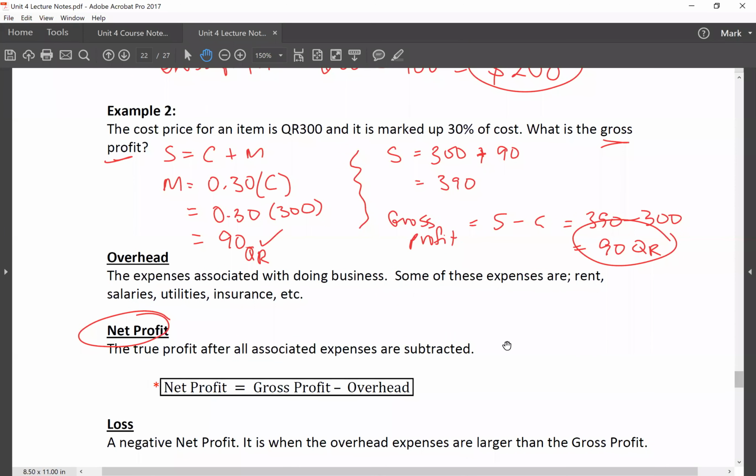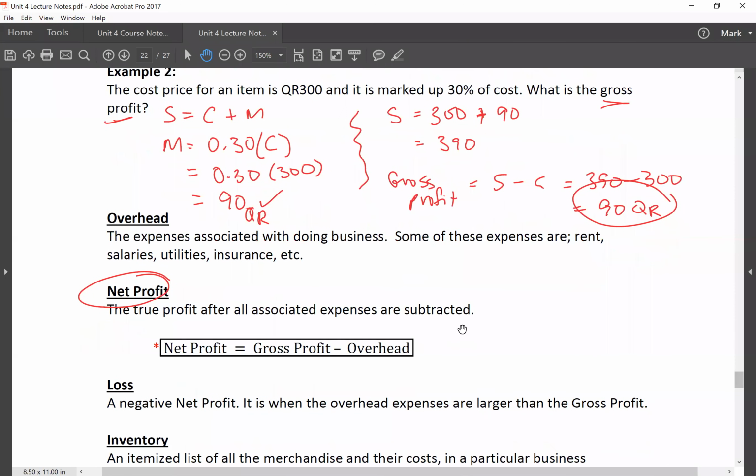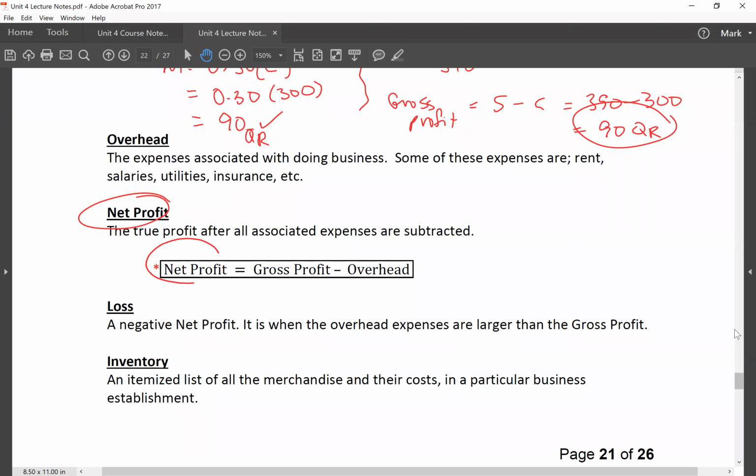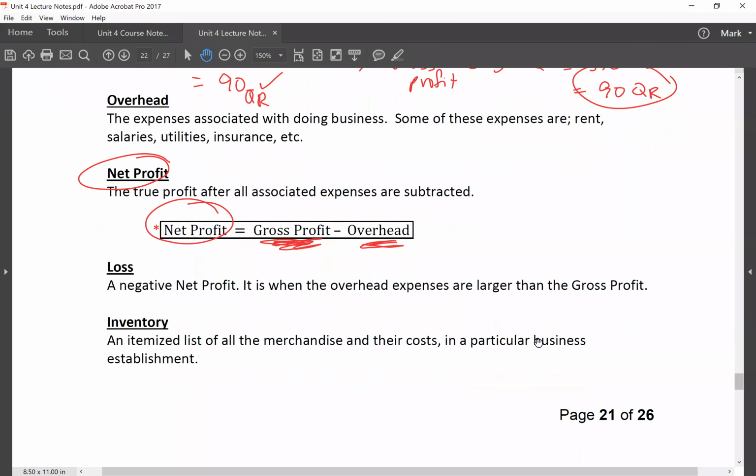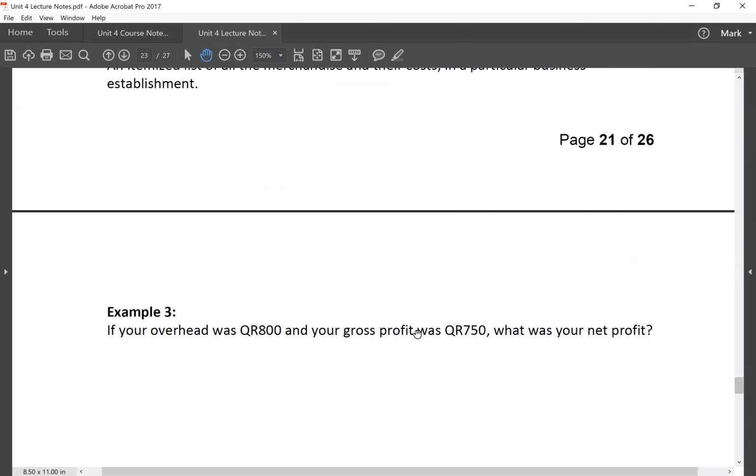Did I have to pay for gas to deliver this? Well, that's called the net profit. I will take that amount that I made, the gross profit. So gross profit is all the money you made from sales. And then I'm going to subtract from that my overhead. Overhead meaning what else I spent money on.